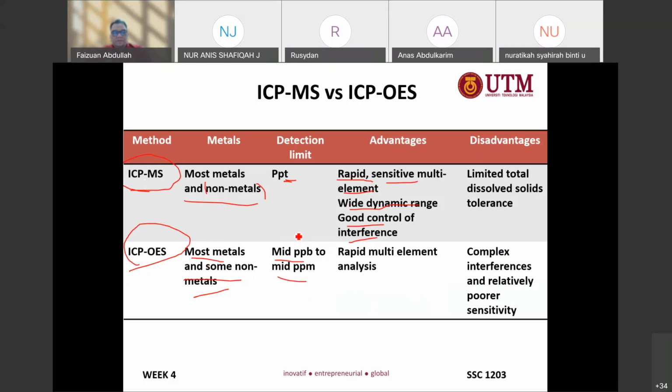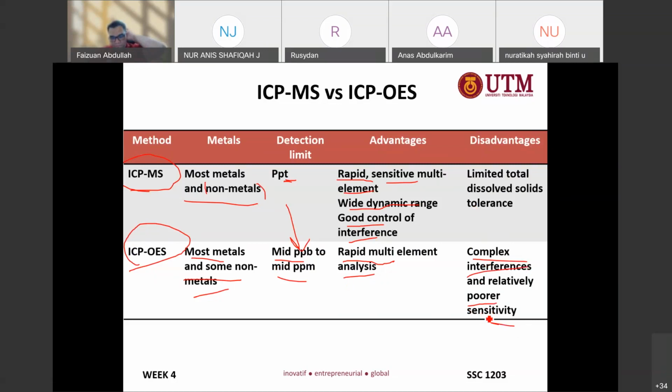The advantage of ICP is rapid multi-element analysis. If you see ICP, it means we can detect multiple elements, while with AAS and AES, single element, with relatively poor sensitivity.